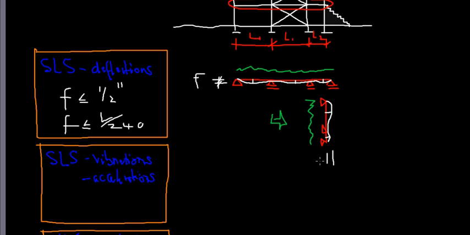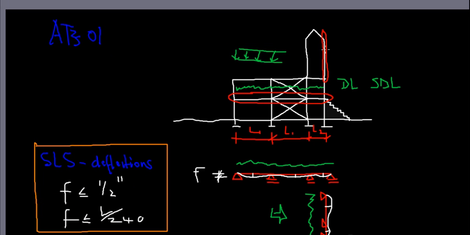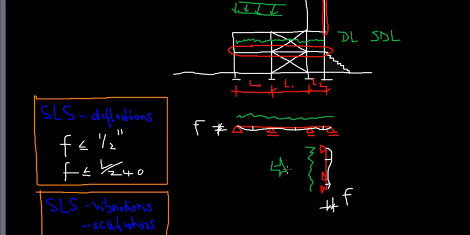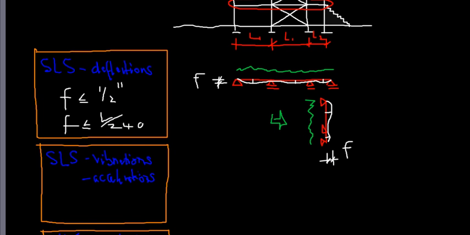And then this deflection, we would measure it horizontally. And again, make sure that that tower wall or that element is stiff enough so that these deflections under certain loads and load combinations don't become too large. So this would have been, for example, wind. This would have been dead load, or even both of them super dead load combined.